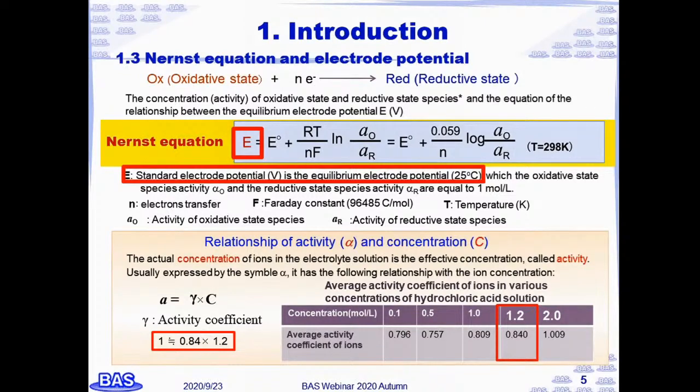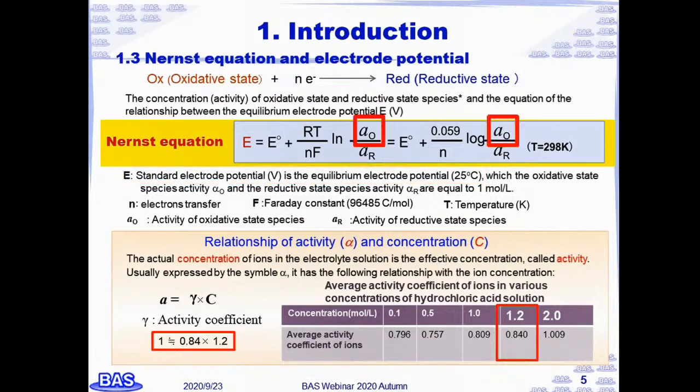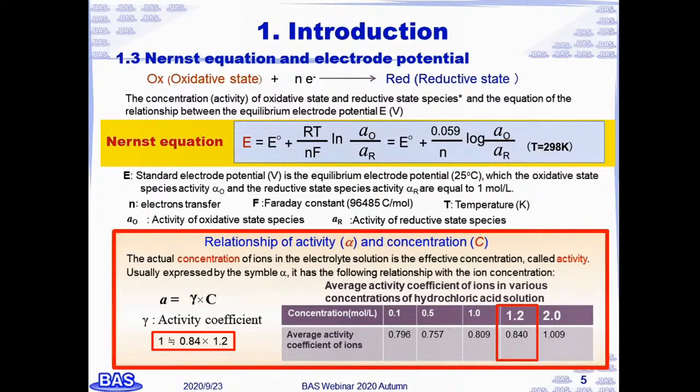Standard electrode potential is the equilibrium electrode potential at 25 degrees Celsius, at which AO, the oxidative state species activity, and AR, the reductive state species activity, are equal to 1 molar. This kind of relationship is well known.